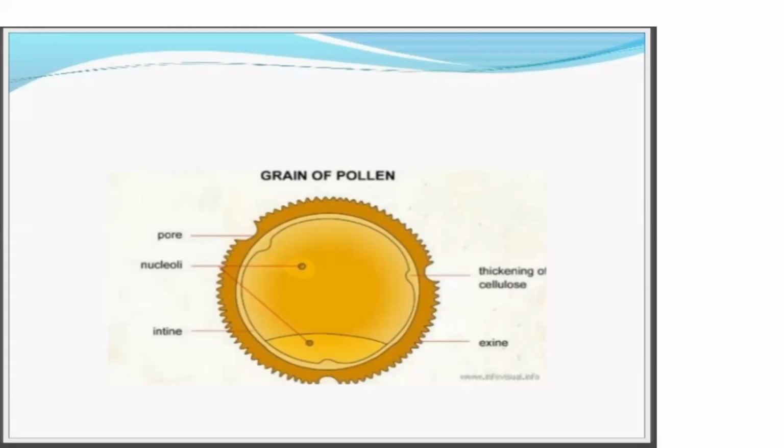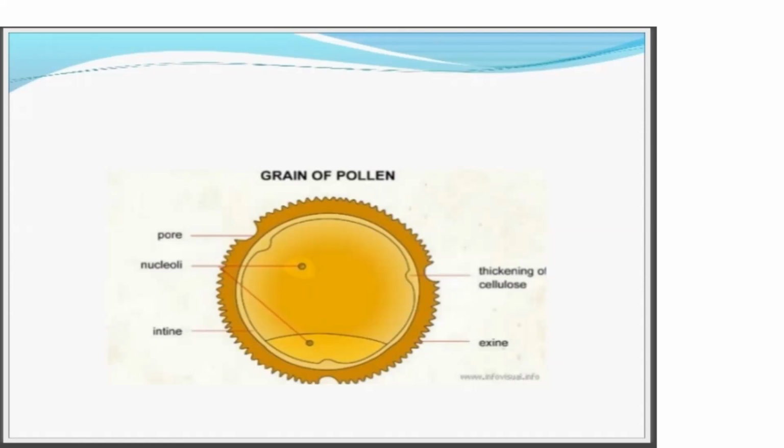The microspore nucleus is pushed towards one side due to the formation of vacuoles in the cytoplasm. The movement of the nucleus is related to the position of the generative cell that is to be formed later. This is the pollen grain structure.